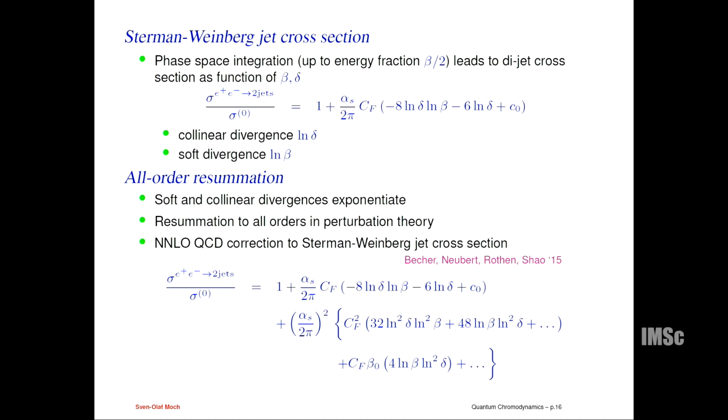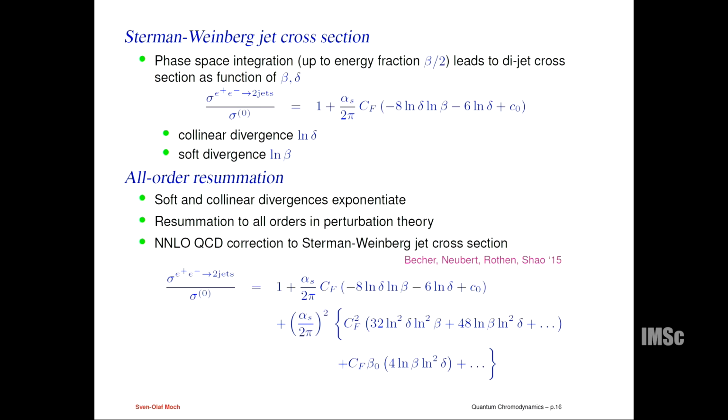So 1 is the leading order number, because at leading order you always have two jets back to back, so normalized this is 1. And then the NLO correction, according to the Sterman-Weinberg jet definition, is giving you alpha s over 2 pi times C_F. And then you get minus 8 times the log of delta, where delta is the opening of the cone.